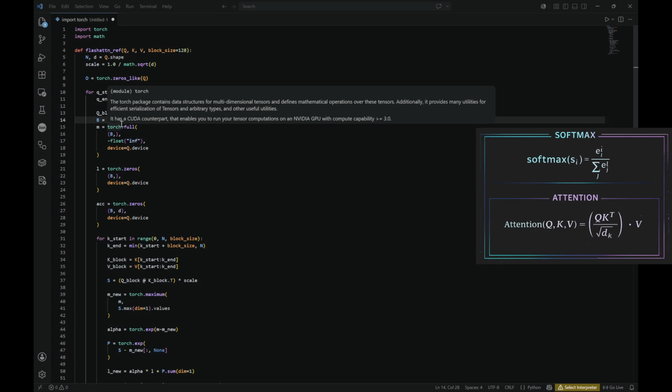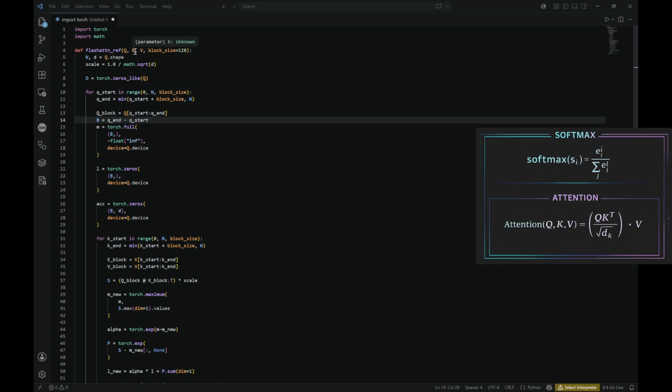Now, these matrices are quintessential to understanding how flash attention works because the actual equation for flash attention, which will be on the screen, is the computation of Q and K in the numerator divided by root D and so forth. So the QK matrix is where flash attention really shines because you don't want to materialize a matrix that is n by n.